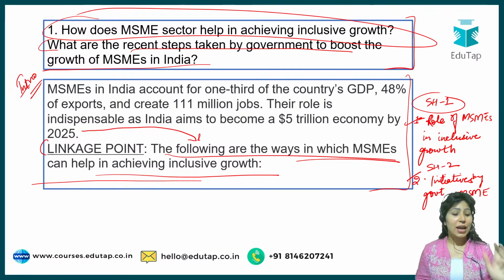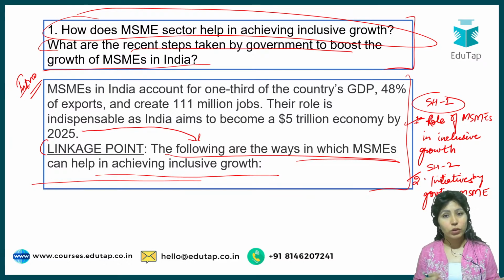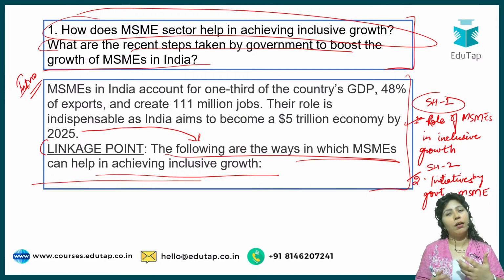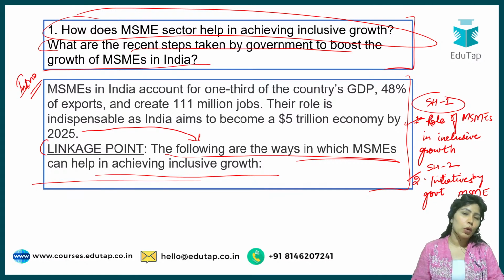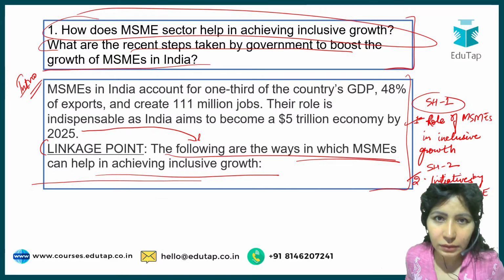Now just in the chat section, let me know what content you know about it. Just send me a good 4 to 5 points, or any number of points that you think fit, and we'll be writing an answer with the help of the points that you share today. Yes, that's the question.